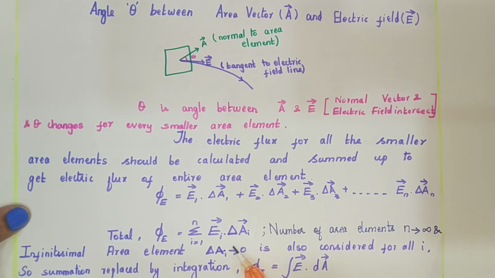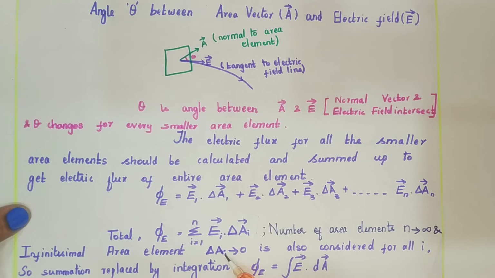Here you see that the number of elements which we are dividing may reach infinity because it is an irregular shaped area element. So the number of area elements n approaches infinity, and this infinitesimal area element which we divide, we are splitting the area element so that each element sometimes even approaches zero value, not exactly zero but the value just before zero.